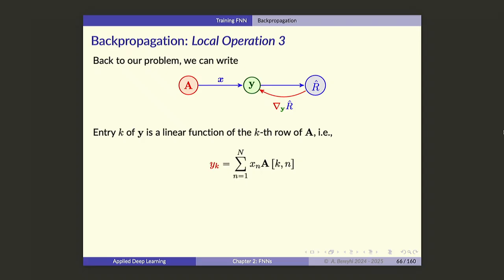Now, what I want to do is get from this gradient of r hat with respect to y to the gradient of r hat with respect to A. Again, we can do the math, but let's see if we can just figure out how it works.